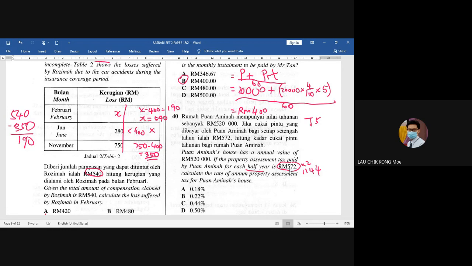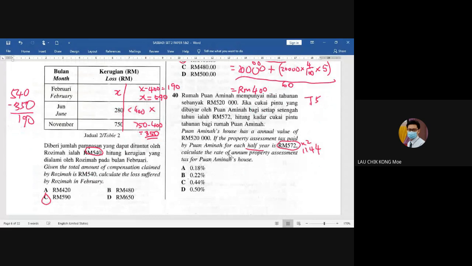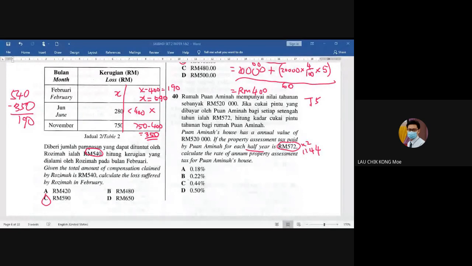Tetapi mungkin di Sarawak lebih murah kan, masa itu kita ada nampak dia punya table lain kalau di Semenanjung dengan di Sabah Sarawak. So kita di Sarawak lebih untung lah sebab lebih murah. Okay, so calculate the rate of annual property assessment test for Puang Amina house. Okay.